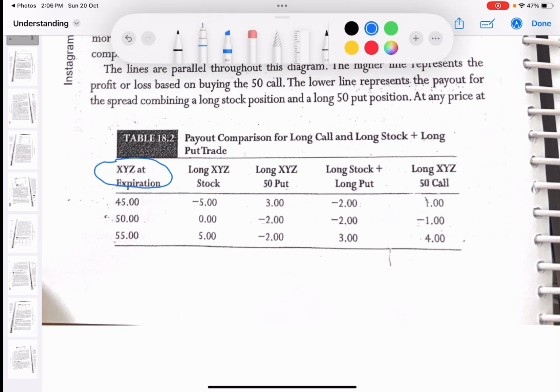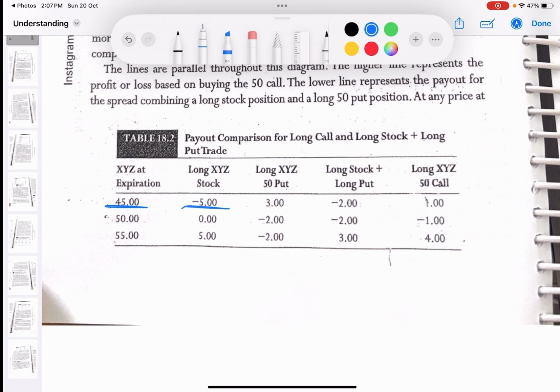First of all, at the expiry date, let's say the stock is at 45, which means the stock is now expiring at a lower price. In that case, if you were long the stock, if you purchased the stock at 50, by the time of the expiry your stock is at 45, which means you will have a minus $5 loss, right?